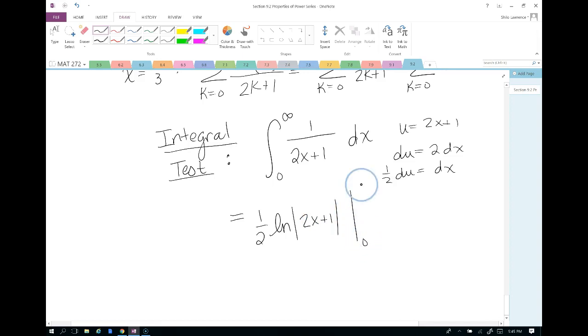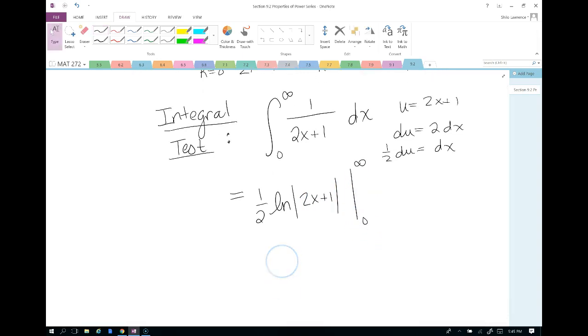And we want to evaluate this thing from 0 to infinity. If you plug infinity in, or if you do the limit as x approaches infinity, the natural log graph goes off to infinity. And if you plug in 0, you get the natural log of 1, which is 0.